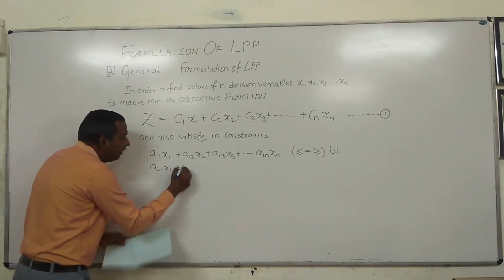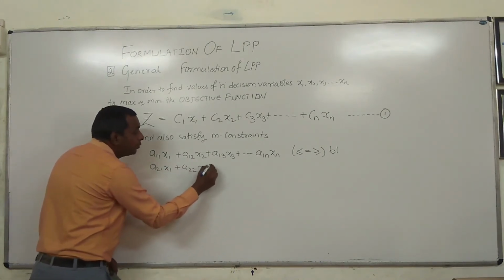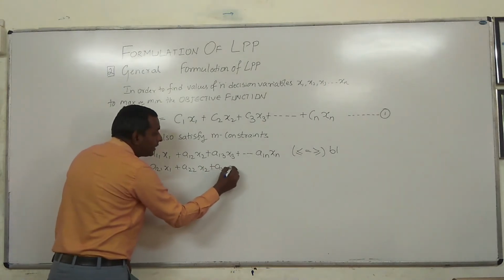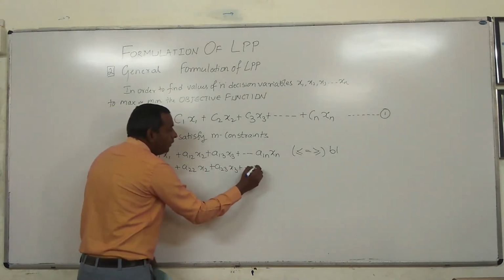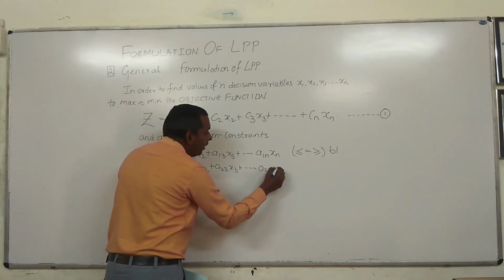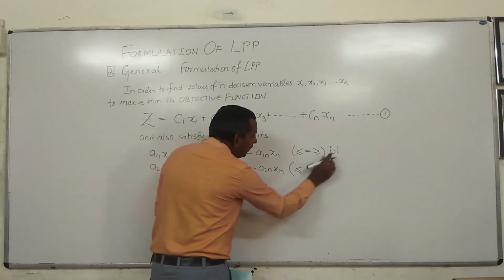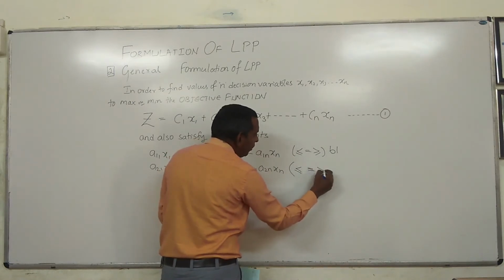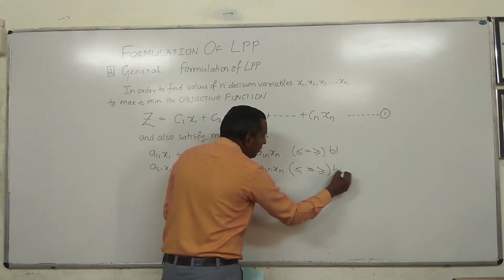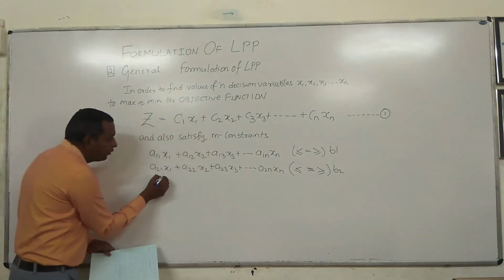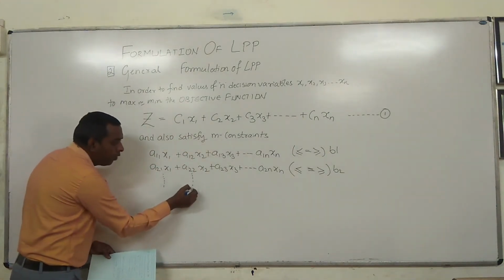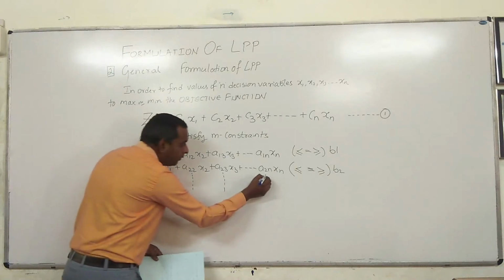A21 x1, A22 x2, A23 x3 up to A2n xn, greater than or equal to, less than or equal to B2, and so on.